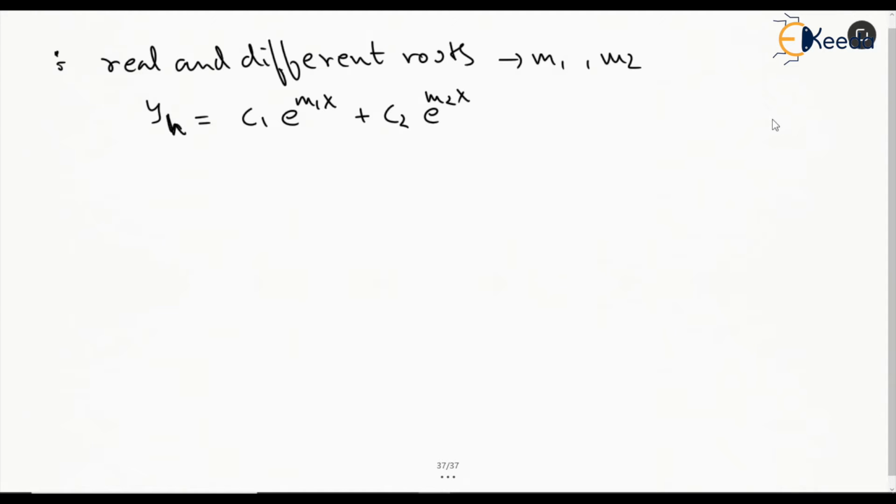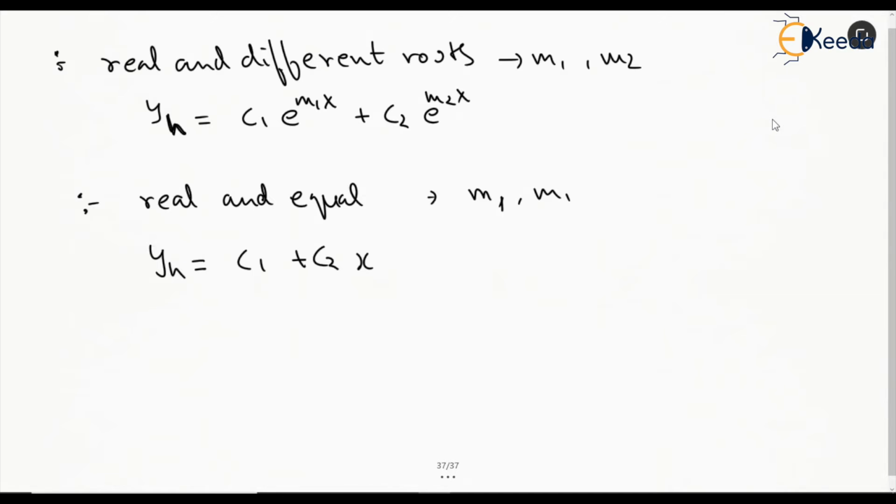So this is the general solution for roots being real and different. If roots are real and equal, that is m1 and the other one is also m1, in that case the homogeneous solution is going to be (c1 plus c2 times x) into e to the power of mx.